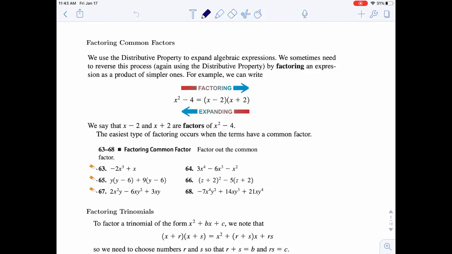It depends on the goal, but expanding is when we're getting rid of these brackets. Factoring is usually done because we want to cancel something.